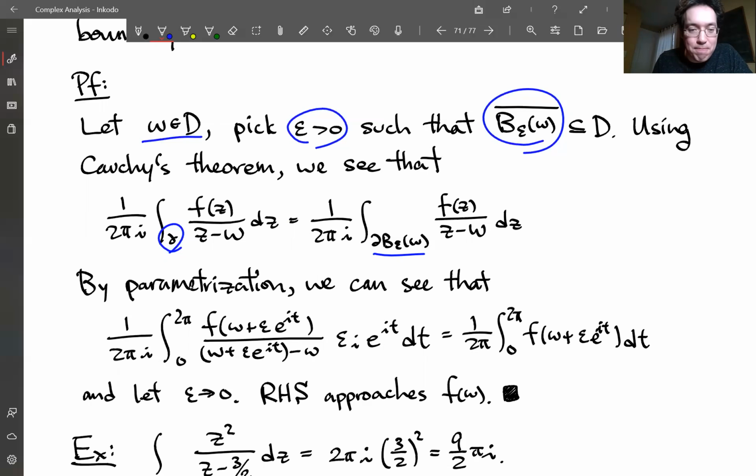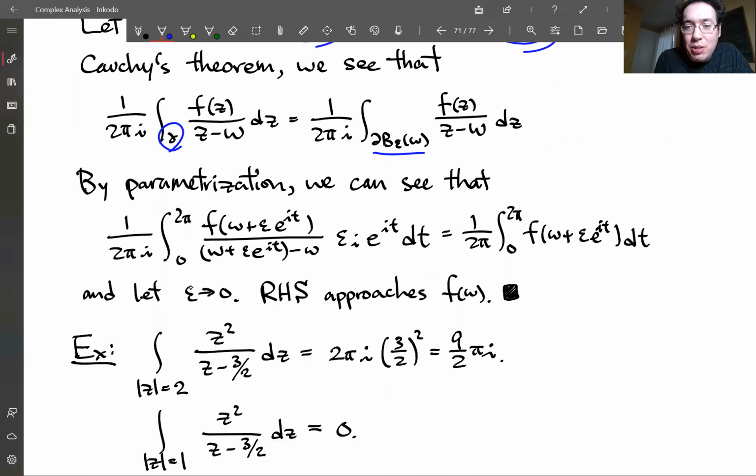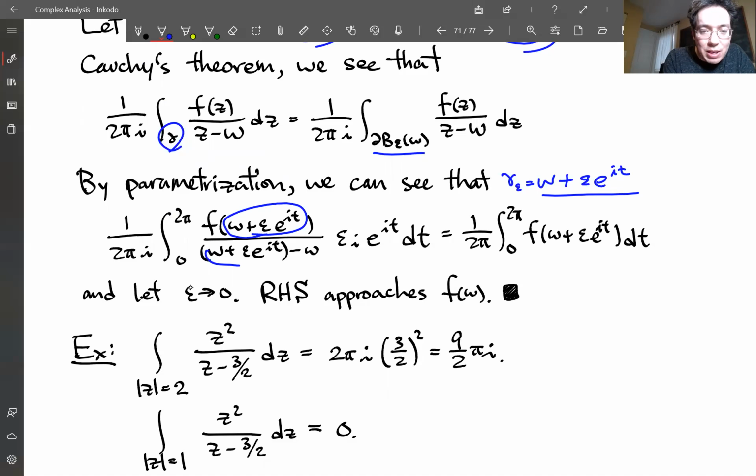Let's actually compute it. The center is at W and the radius is epsilon. So gamma epsilon, defined by this formula right here from 0 to 2 pi, will trace the outer boundary of the disk of radius epsilon around W. That goes in place of z in the Cauchy integral formula.